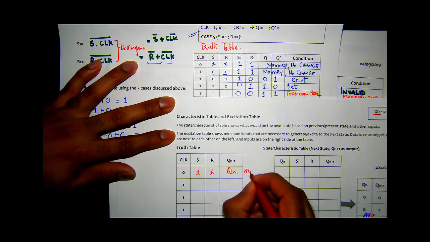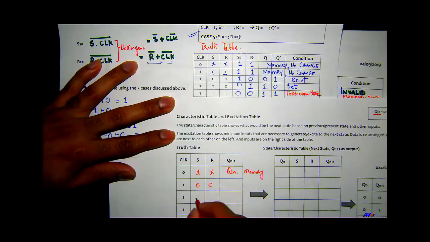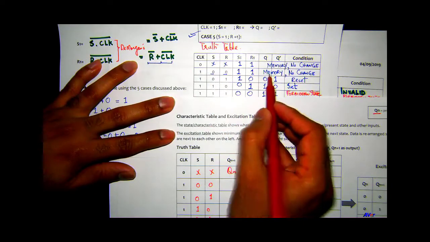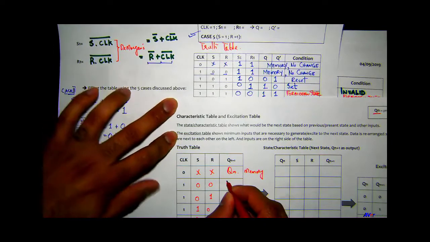Remember, this is your memory. Okay, and then we have 00, 01, 10, and 11. When S is 0, R is 0, Q was again memory, so I got Qn here.